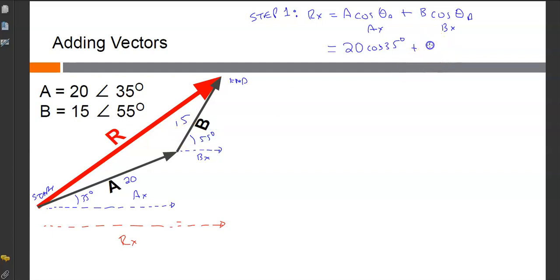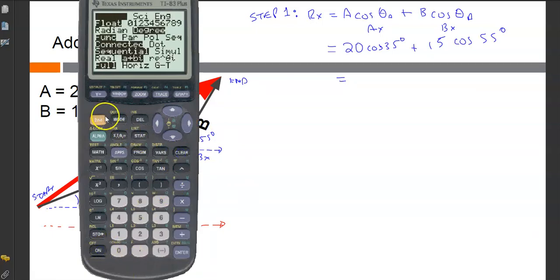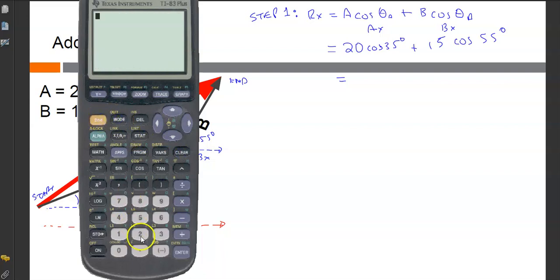So I'm going to put those numbers in. And I'm using cosine in both of those. And I grab my calculator and I see what that is. I'm going to check, make sure I'm in degrees. I am. And then I would go 20 cosine 35 plus, uh-oh, I messed up right there.